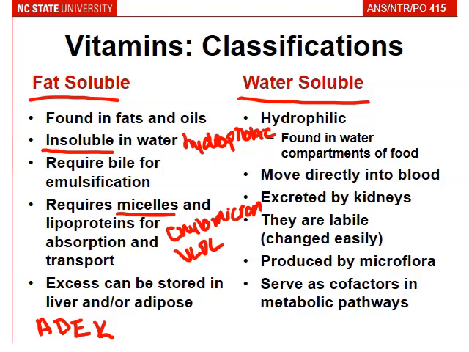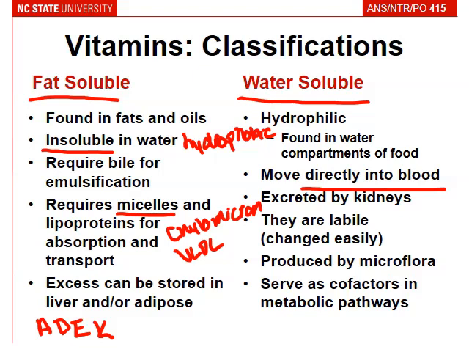Because of this, a lot of times they are found in our green leafy vegetables. In addition, since they are hydrophilic, they're able to move directly into the blood.